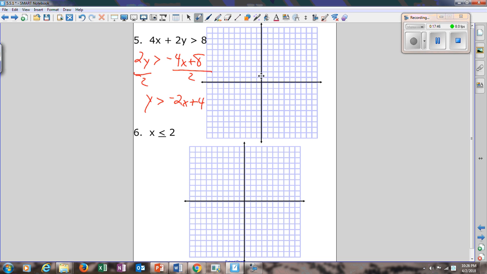Now graph, you go up 4, 1, 2, 3, 4. Make a dot, go down 2, and write 1. Down 2, write 1. It's only a greater than sign, which tells you it's a dotted line.